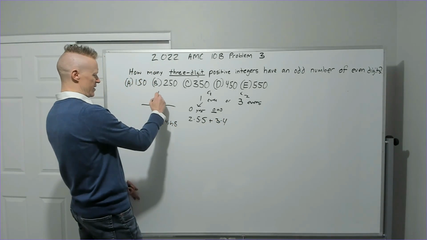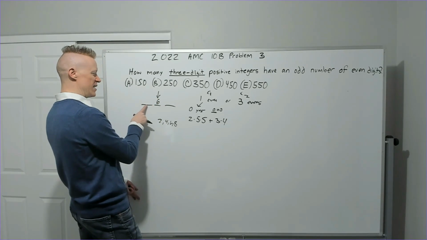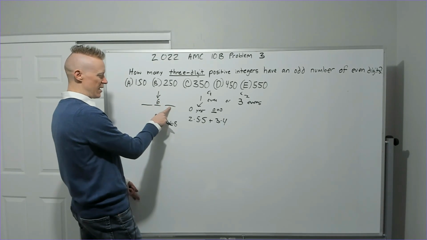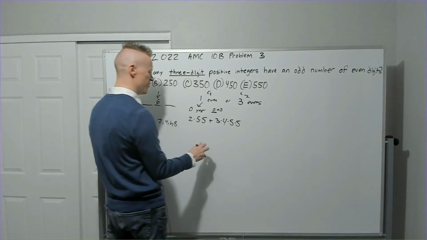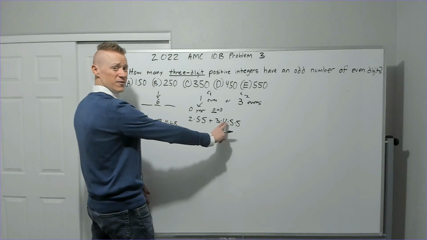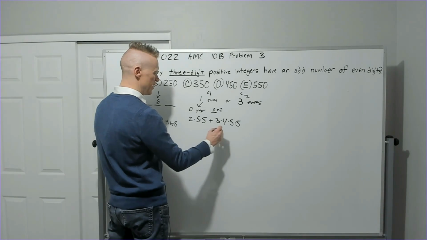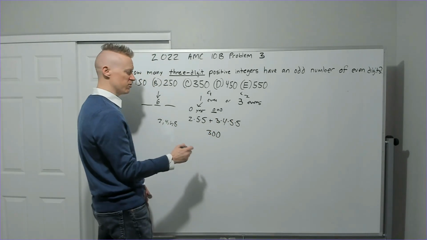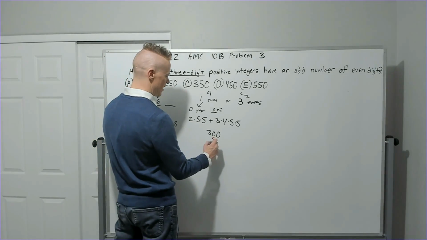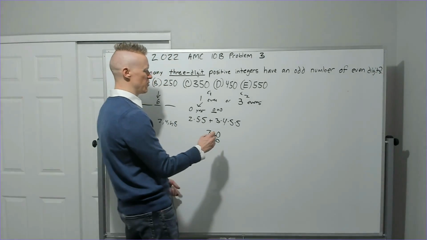So let's say I put it here, and I chose the number 6. Now I need to choose an odd number here and an odd number here. Again, that's 5 times 5. This looks like 2 times 25 and 12 times 25. 12 times 25 is 300. It's like having 12 quarters. And 2 times 25 is 50. So we're at 350 right now.